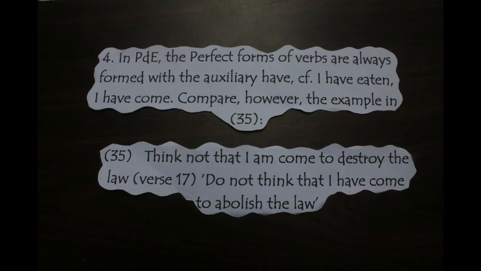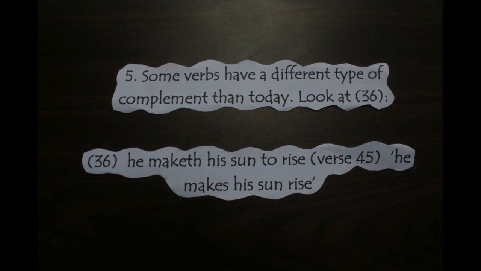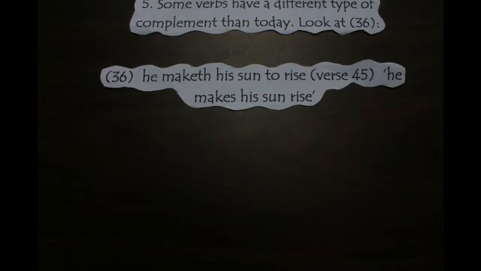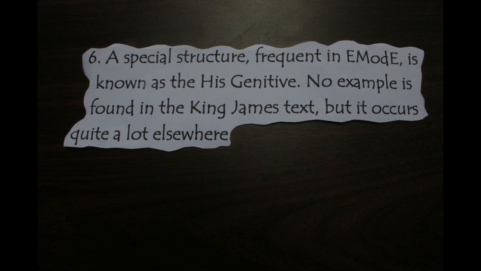In present-day English, the perfect forms of verbs are always formed with the auxiliary have. Some verbs have a different type of complement than today. A special structure frequent in early modern English is known as the his genitive.